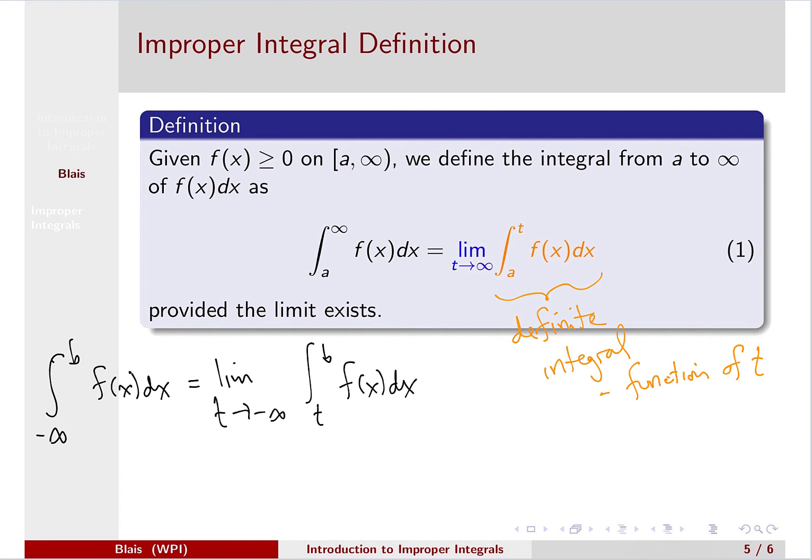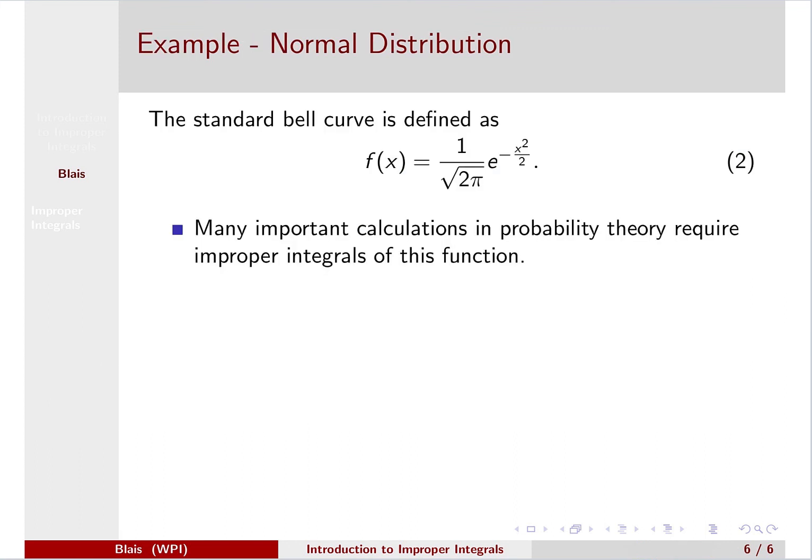But it can also be helpful to know, why is this important? This comes up in calculus in many different settings. One example, one setting where it comes up a lot, is in probability theory and statistics. This function is what we, at this point in our math studies, may have heard of as the bell curve. Put another way, this is the density function of the standard normal distribution.